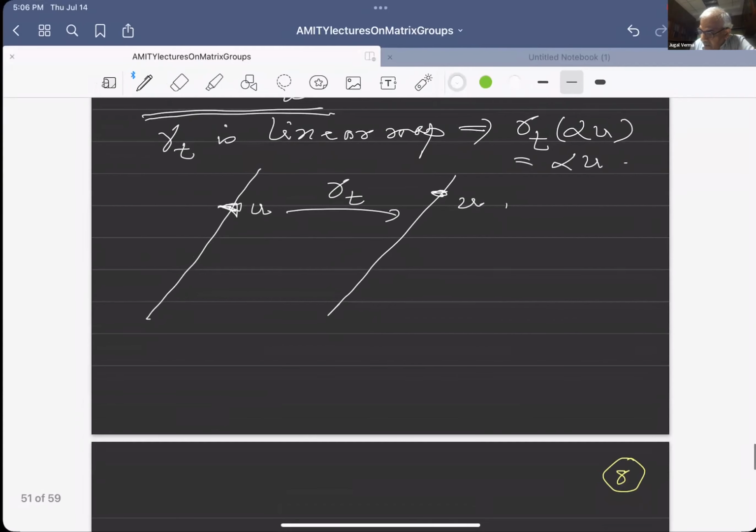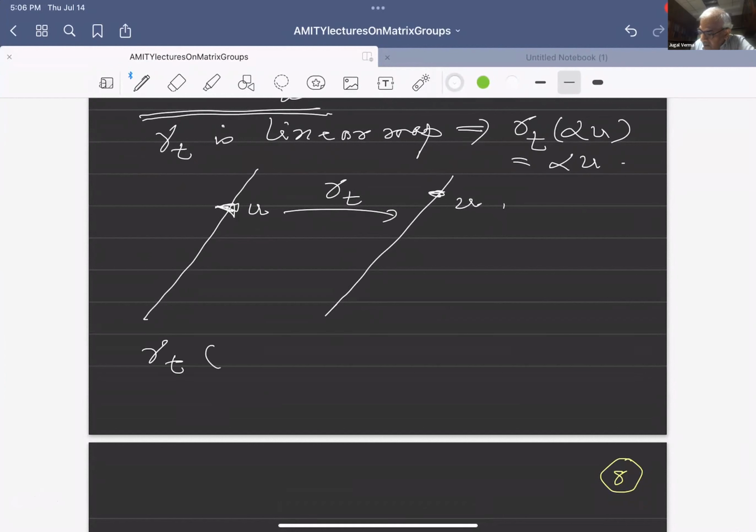Gamma t of q is equal to t inverse q t, and the length of t is 1. This says that gamma t is an orthogonal linear map.